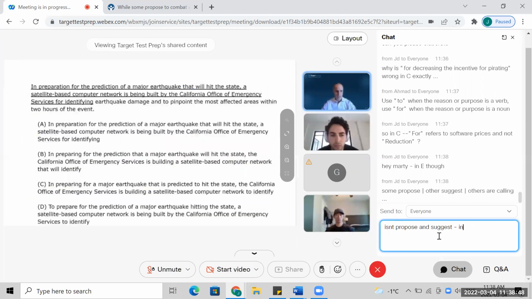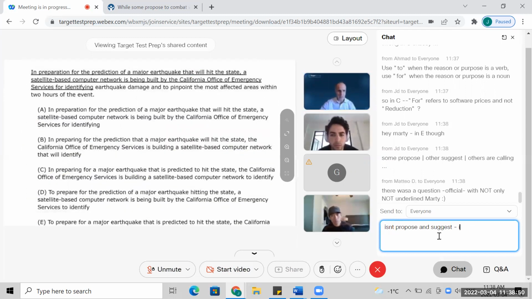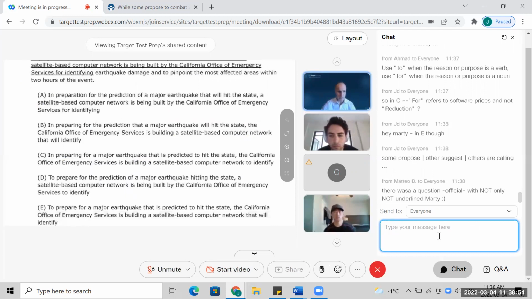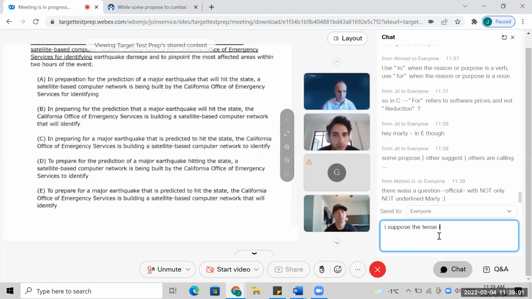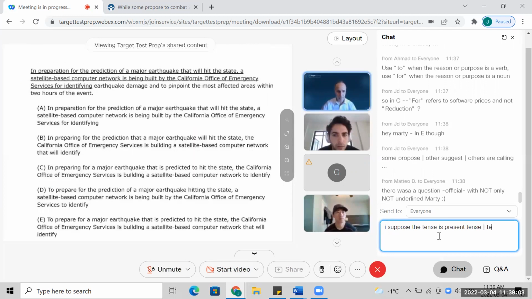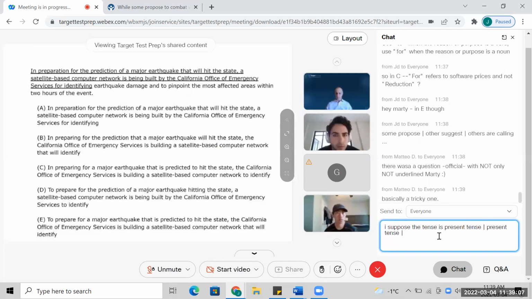Notice that sneaky parallelism. Let's try some. Don't get smoked by sneaky parallelism in this question.